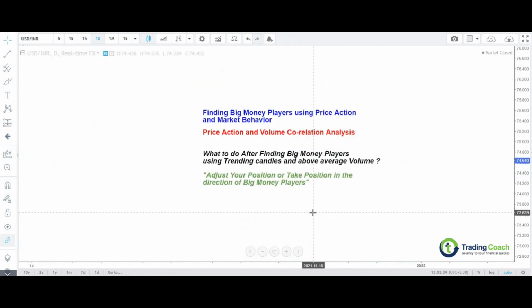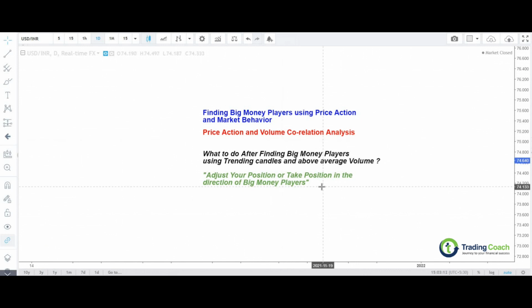Okay, so just to quickly summarize, so far we have understood how to identify big money players using price action and market behavior. And we did this with the help of price action and volume. We tried to connect price action along with volume to identify the activity of big money players directly on the candlestick.